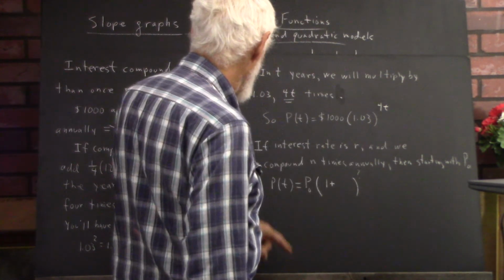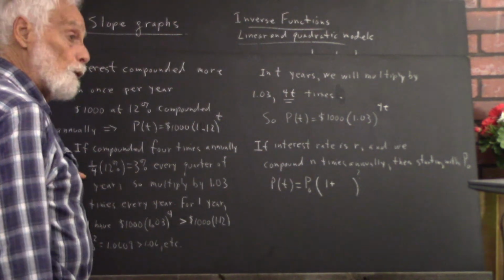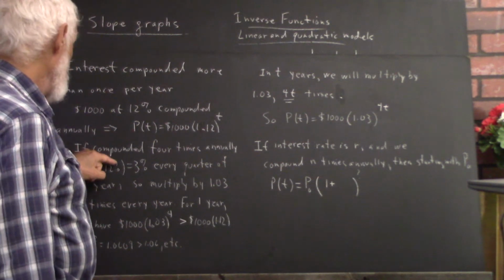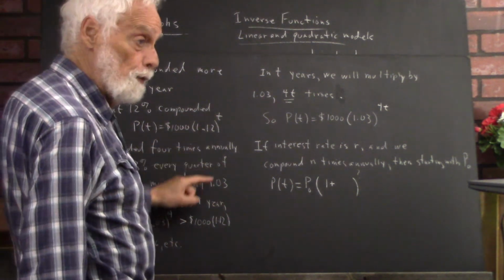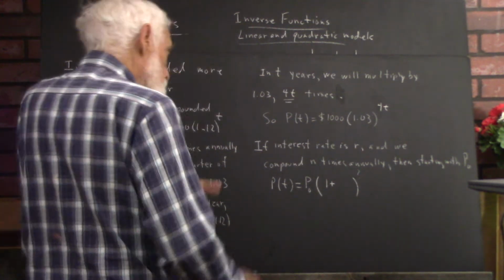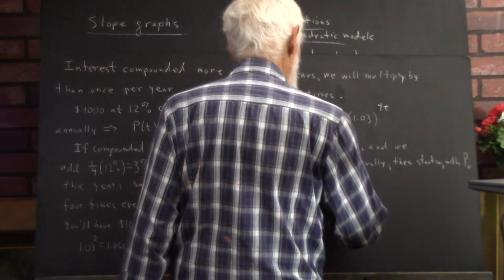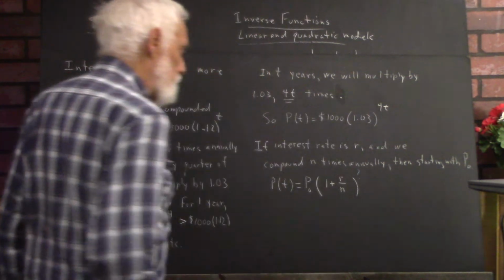Now here, where we had 12% and n was equal to 4, we divided our 12%, or our interest rate, 0.12, by 4 to give us the 0.03. Similarly, whatever our rate is, we're going to divide it by n, if we're doing it n times annually.